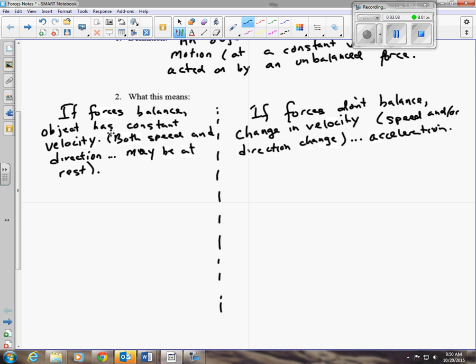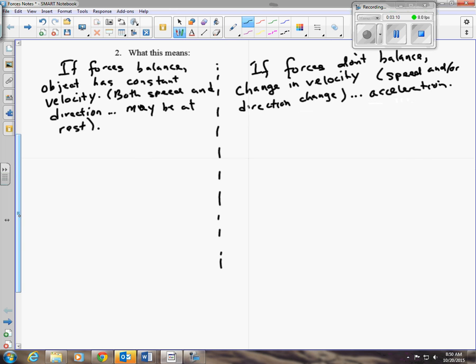So I'm going to draw a couple diagrams here. Let's say I have an object A. I'm going to put four forces on it. One is 4 newtons. Two is 8 newtons. Three is 4 newtons.